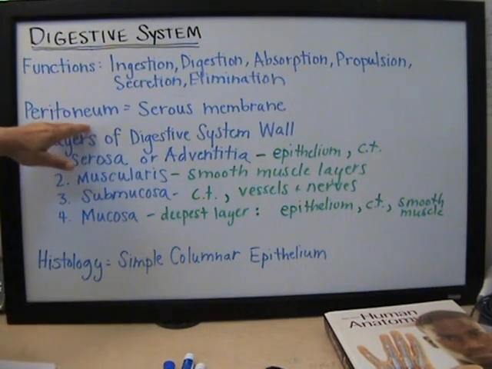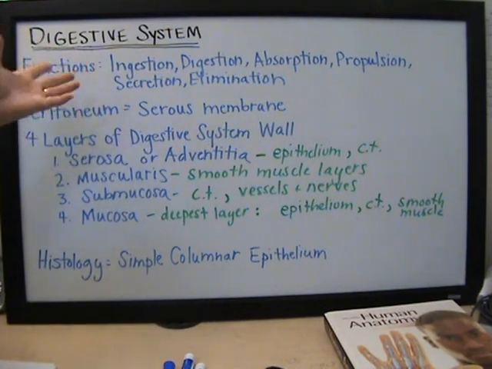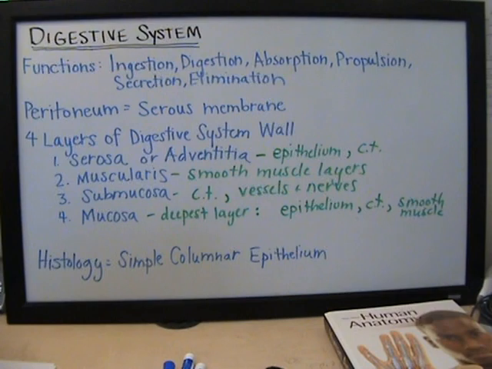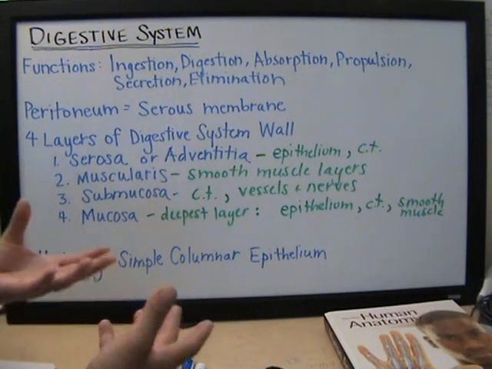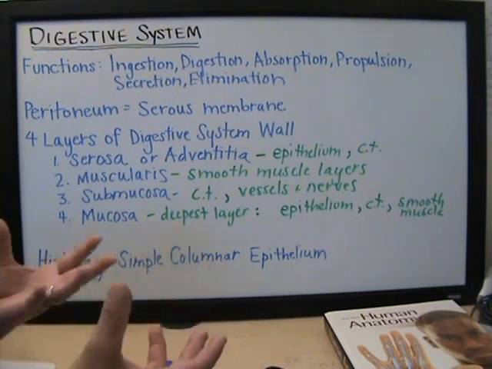I want to note here that the digestive system is a little more complicated as far as the membranes go than other types of membranes that we've seen. We've looked at the pericardium surrounding the heart and the pleura surrounding the lungs. But in both of those, it's a very simple organization.